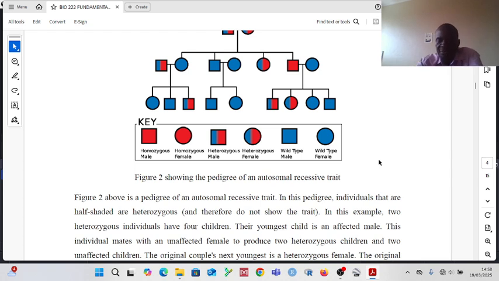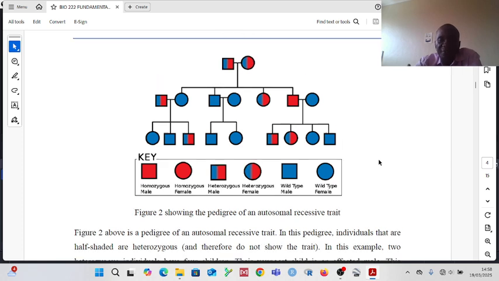So in this pedigree, 2 heterozygous individuals have 4 children. This is a heterozygous male. This is a heterozygous female. They are a breeding pair, so there is a horizontal line joining them. Together, they had 4 children.